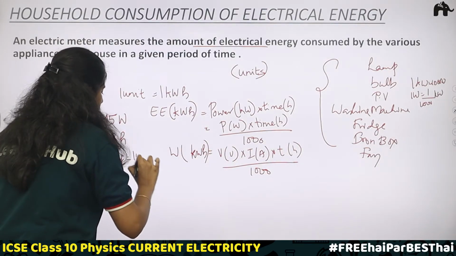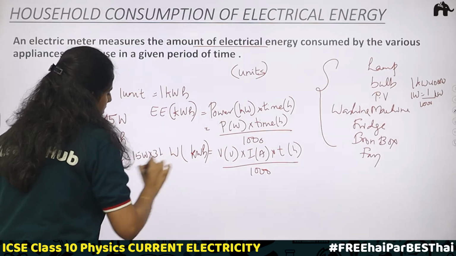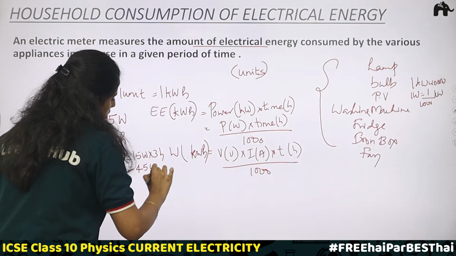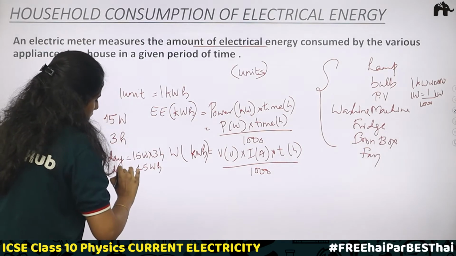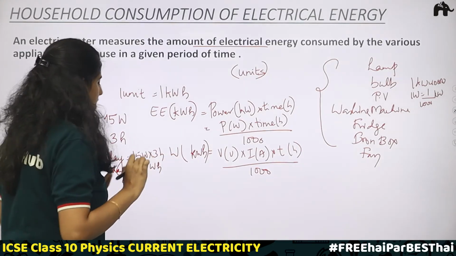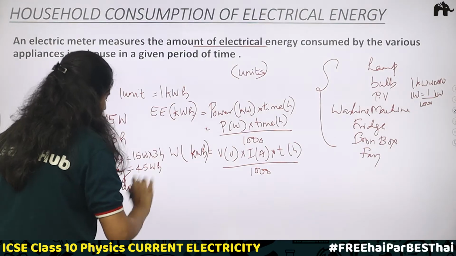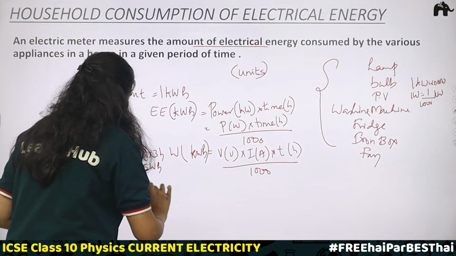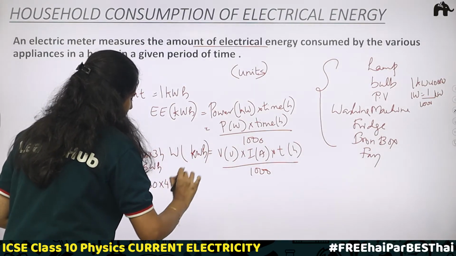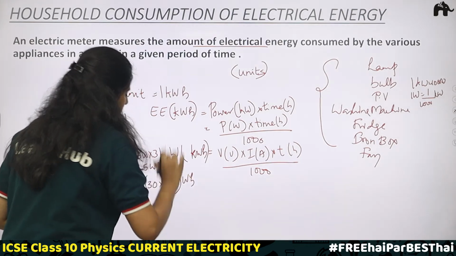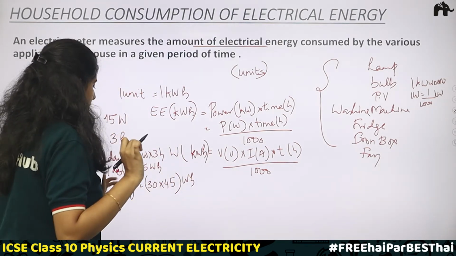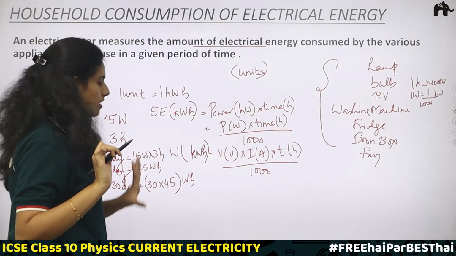It will be equal to 15 watt into 3 hours, which is 45 watt hours. So in 1 day, 45 watt hours. If you consider a month of 30 days, the single device will consume 30 into 45 watt hours of energy.